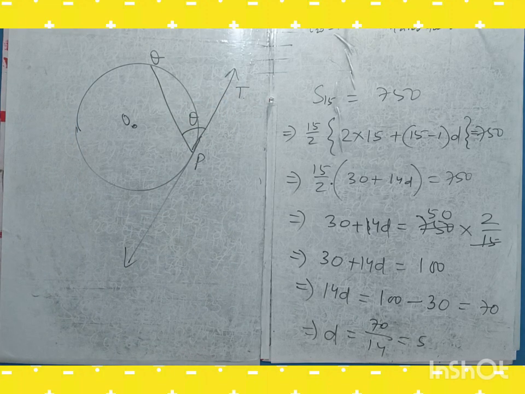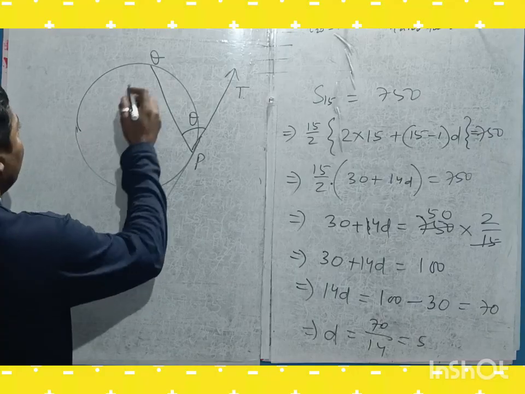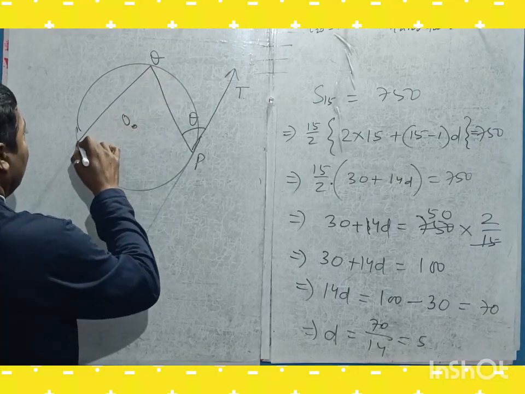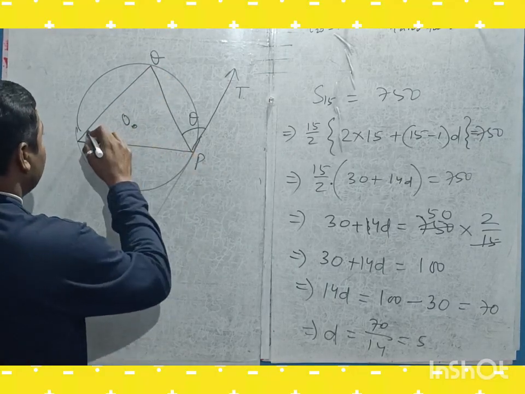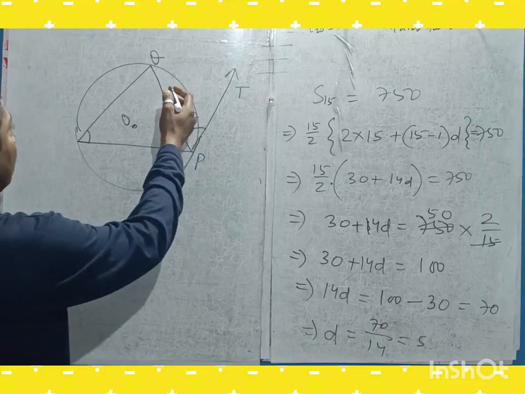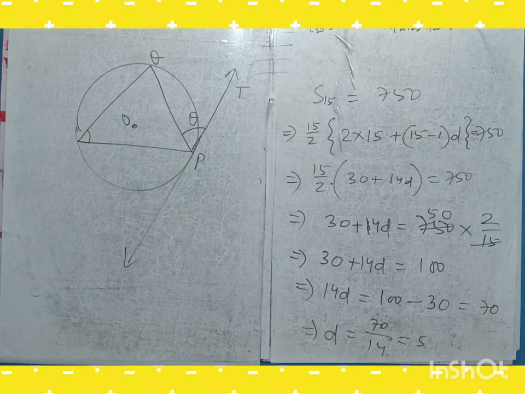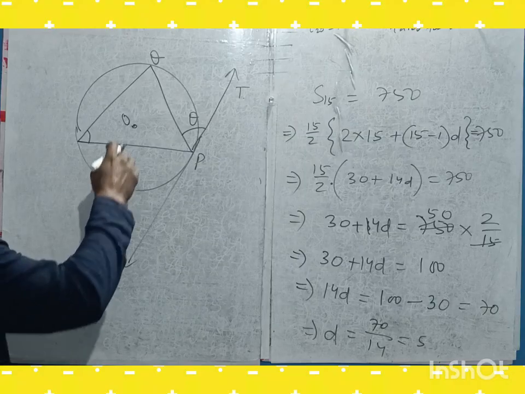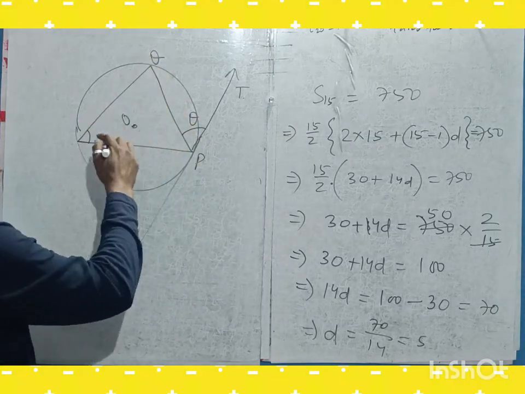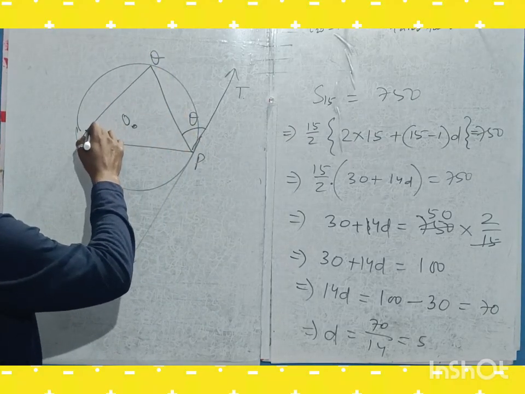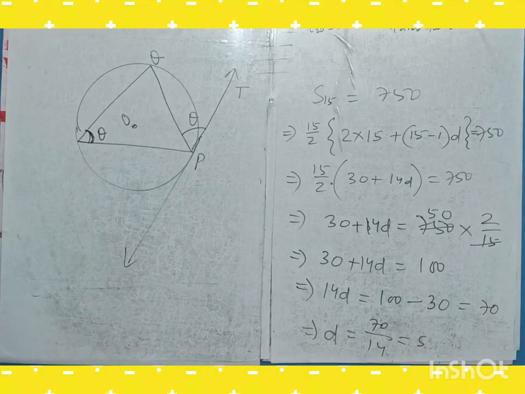So this angle is same to the angle subtended to the circumference by the larger arc. Okay? So by the same chord but in the larger arc towards the circumference, this will be also theta. So know this one.